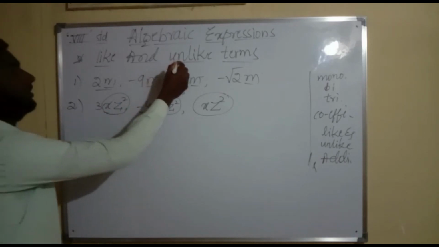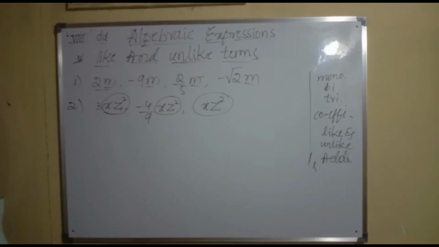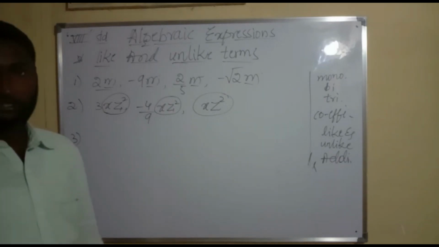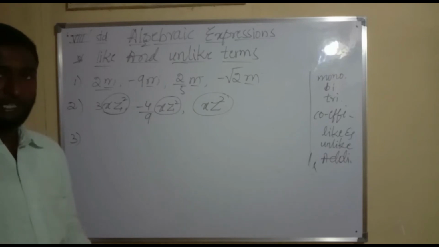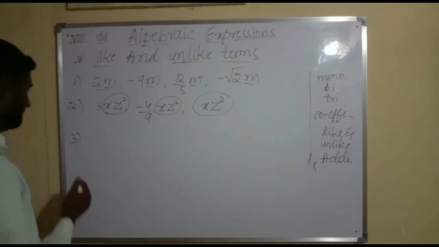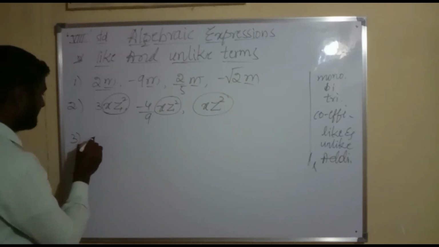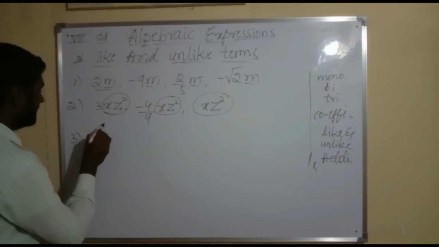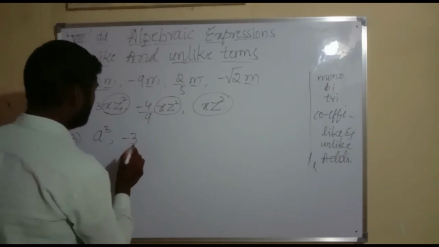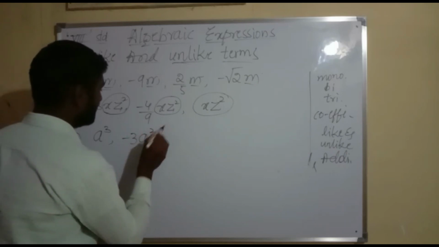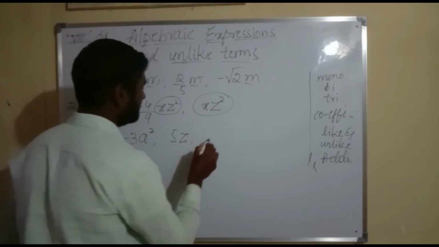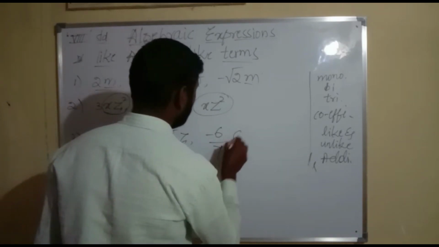On the other hand, the unlike terms. What are the unlike terms? The terms having different variables with the same exponents, or different variables with different exponents. I will show you. I can write here a raised to 3 and minus 3a square, or 5z minus 6 by 7a.